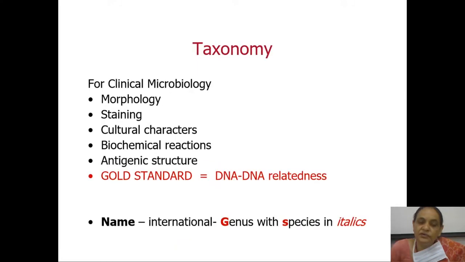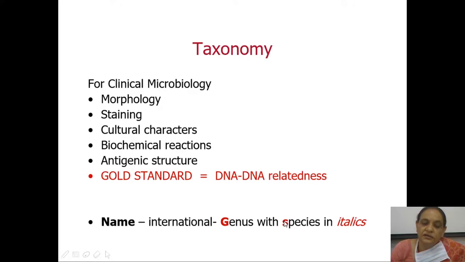So therefore there is an international classification, and how we write it also, that you have all read. The genus you write with the capital, and species we write with the small, and this is written in italics. So when you write the name of a bacteria, it is written in italics with the species as small and genus as a capital.